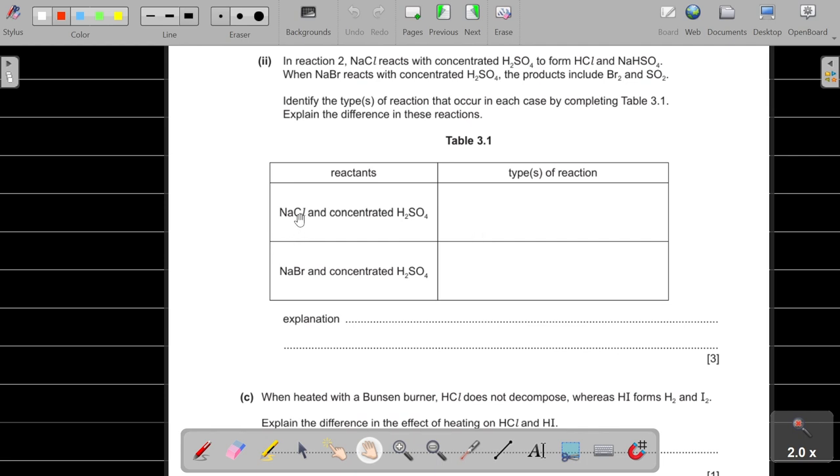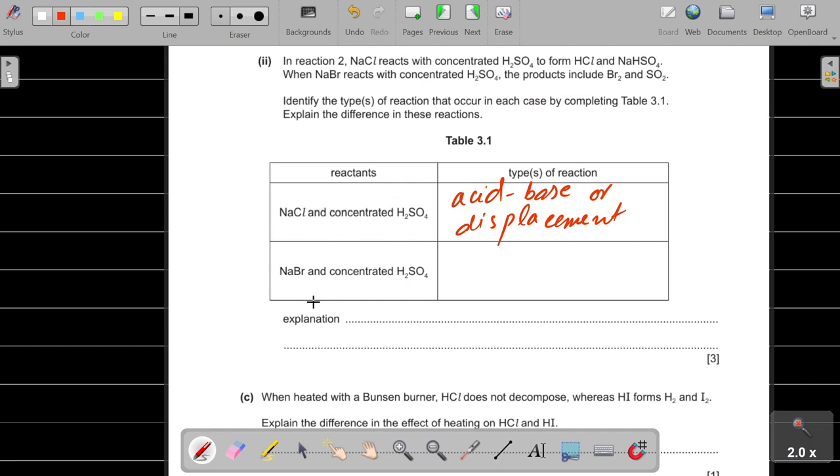When sodium chloride reacts with concentrated H2SO4, you can say it is a displacement reaction, or an acid-base reaction, because when H2SO4 reacts with NaCl, we get HCl.